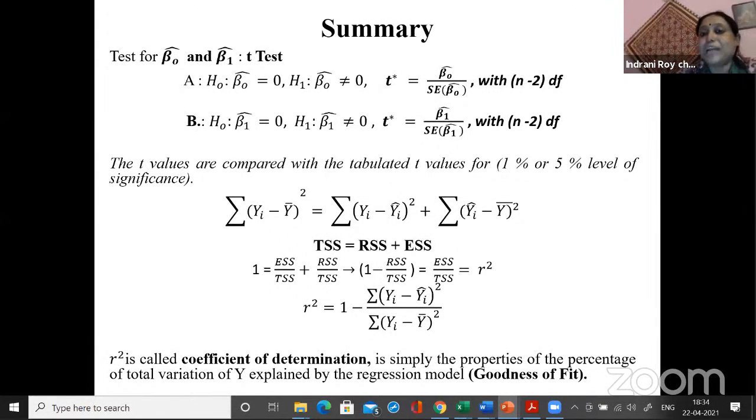And if you accept your null hypothesis, then your entire estimation exercise is a futile exercise. So your aim is to reject your null hypothesis, and therefore you can claim that these estimations are statistically significant. Okay, so this is the job which you have to do. Apart from that, in the regression, you have to also see this R squared.